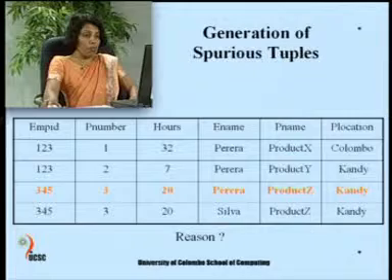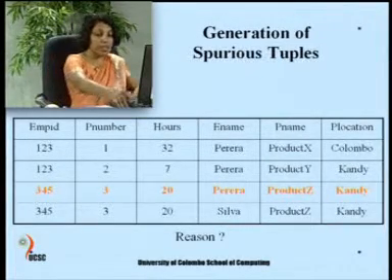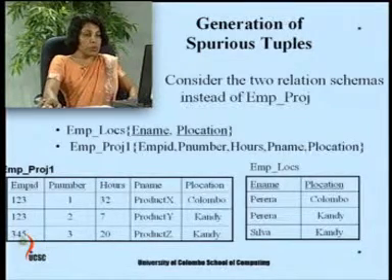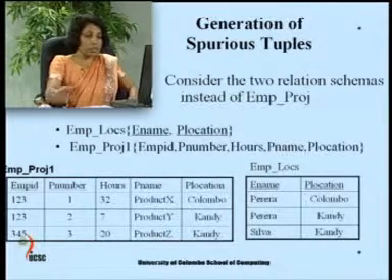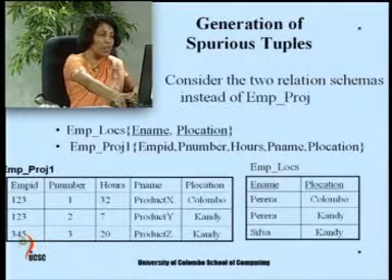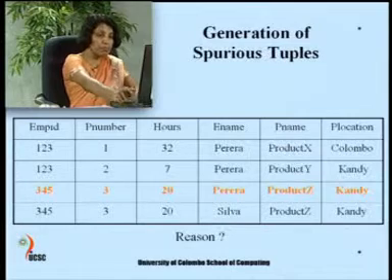The reason is that we joined these 2 relations using an attribute called P location, that is the location of the project, and you can see that it is not a foreign key or a primary key in the employee project 1 relation.